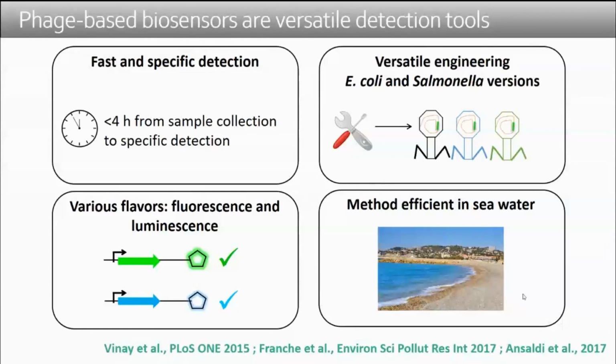And that gives you something which is easier to use in the field. Because then the idea was, of course, to test directly in the environment. And it was really our proof of concept to test it directly in seawater, where you have many other microorganisms. And it was very easy to detect Salmonella and E. coli in such an environment.